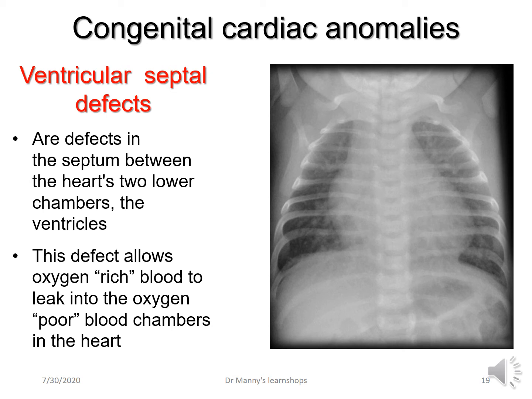So here is an example of an infant with a ventricular septal defect. You can't typically diagnose a ventricular septal defect on a chest X-ray. What you can see is that they have cardiomegaly. The cardiothoracic ratio is certainly more than 0.65.